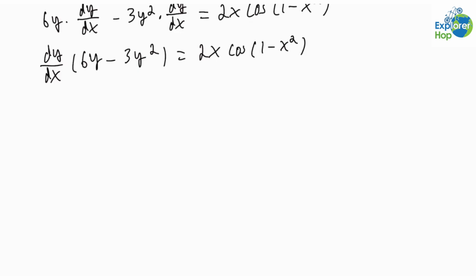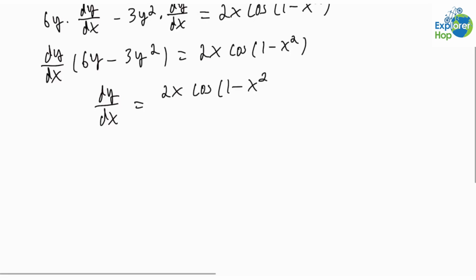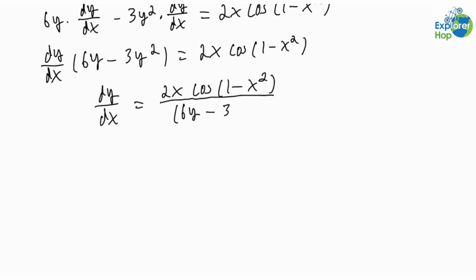And this gives us dy over dx is equal to 2x times cosine of 1 minus x squared over 6y minus 3y squared.